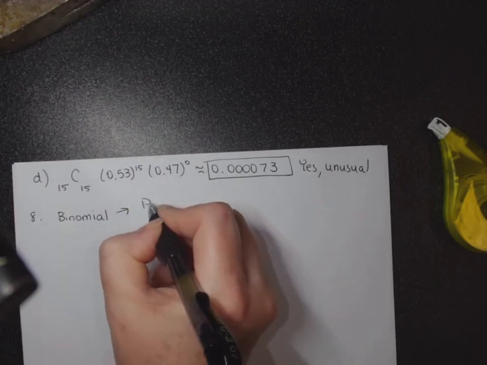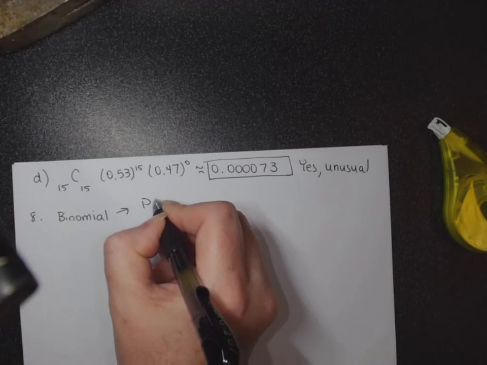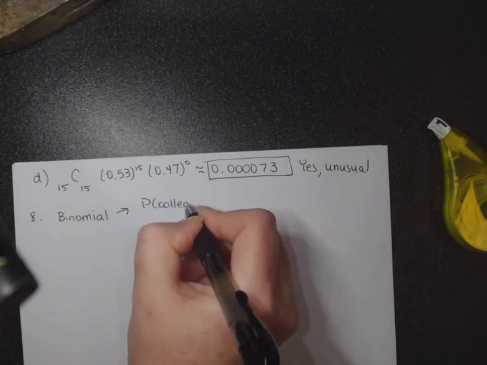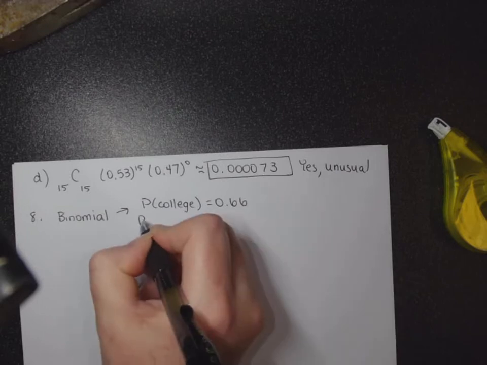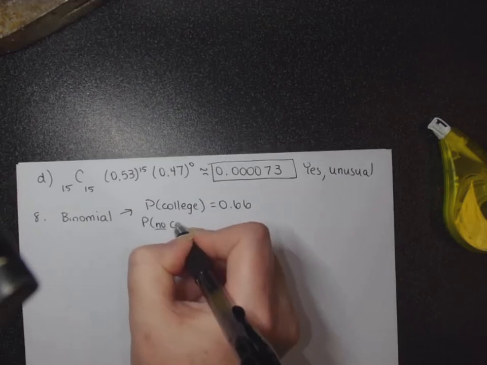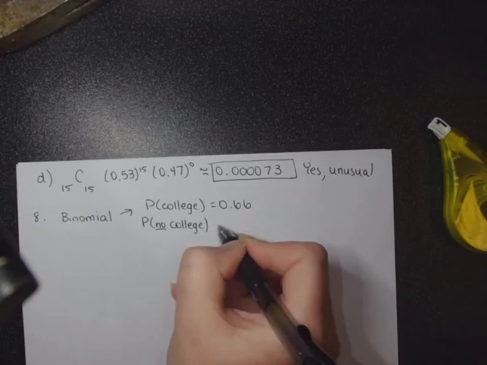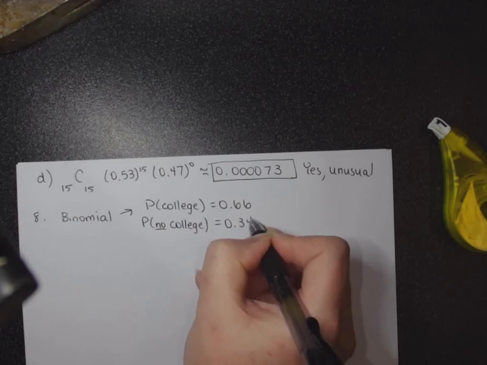So the probability of college is 0.66. That means the probability of no college, or the opposite, is 0.34.